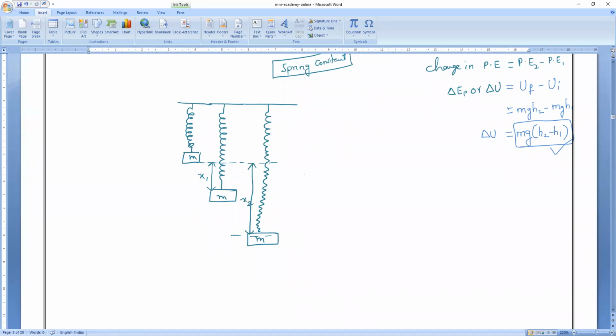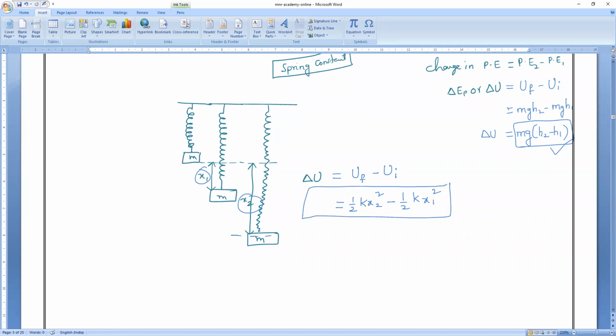With x1 and x2, what is the change in elastic potential energy? It is equal to final elastic potential energy minus initial elastic potential energy, which is half into k into x2 square minus half into k into x1 square.